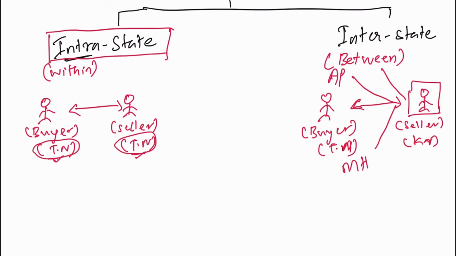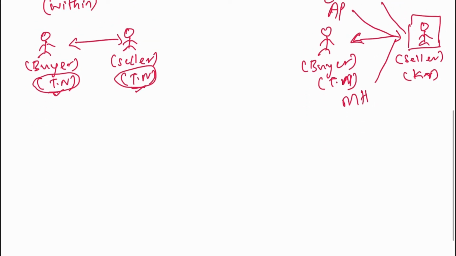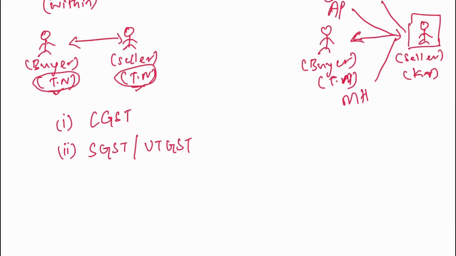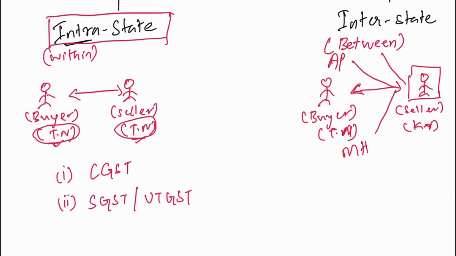Let me explain first intrastate. Under intrastate, we will have two accounts. The particular GST will be recorded as CGST, that is Central Goods and Service Tax, and SGST or UTGST. See, in intrastate transaction, only one state is involved.